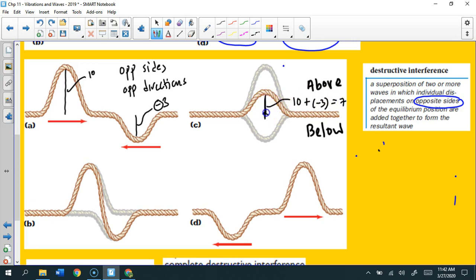So this wave is only going to be 7 units high. And what they're doing is a really neat job. They're showing you the shadow of the larger wave and the shadow of the smaller wave, for you to realize that what you really see is this right here. And what's similar in destructive interference as in constructive interference is that after this interaction occurs, they're just going to continue on their merry ways.